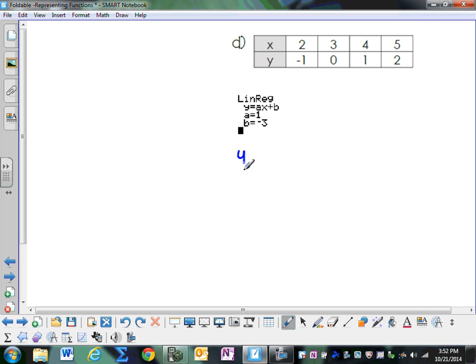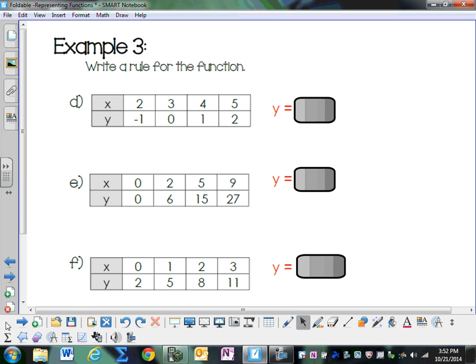So y equals 1x, or just x, minus 3. All right, so let's go on back. And y equals x minus 3.